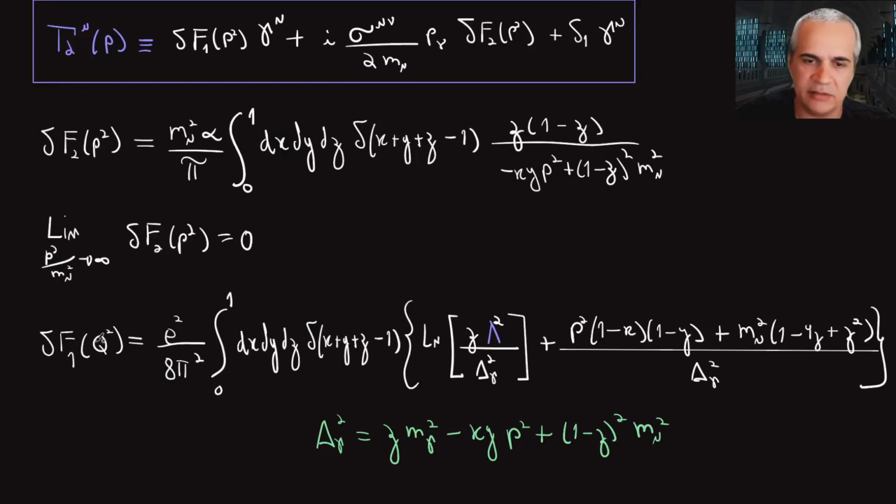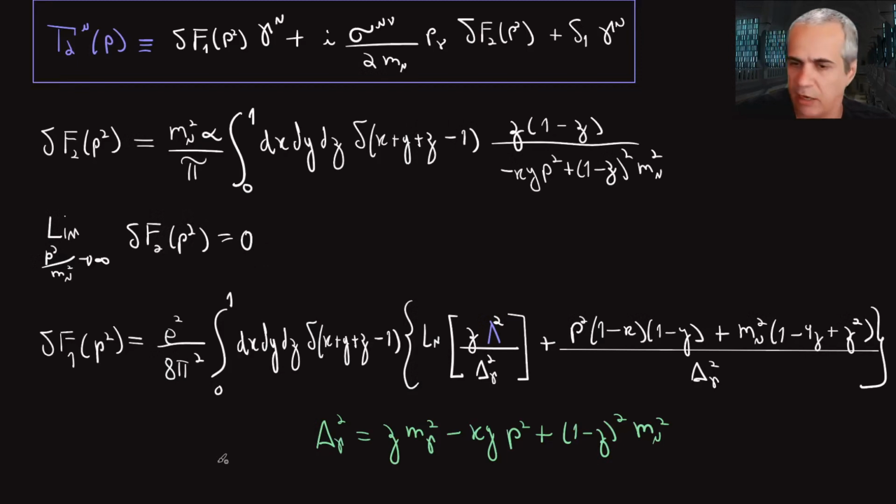In this case, we'll be calculating at the s channel. So I'll just replace p squared for q squared. For now, I didn't do it, so let me put p squared here until we specialize for the s channel.